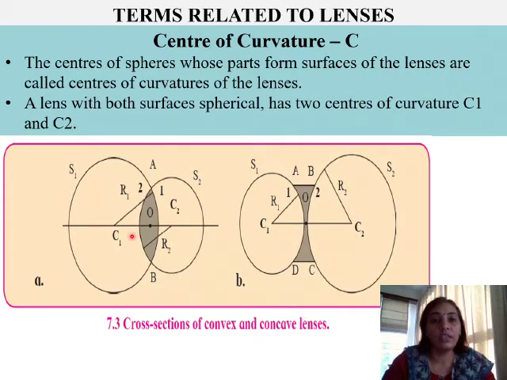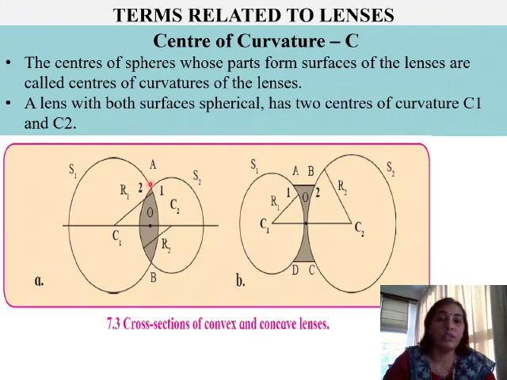And now what we can see is that these centers are parts of the lens. So if we take sphere S1, this face or spherical part of the lens comprises the center C1, or center C1 is a part of this face or spherical part of the lens, whereas center C2 or sphere S2 is a part of this face or the spherical part of the lens.